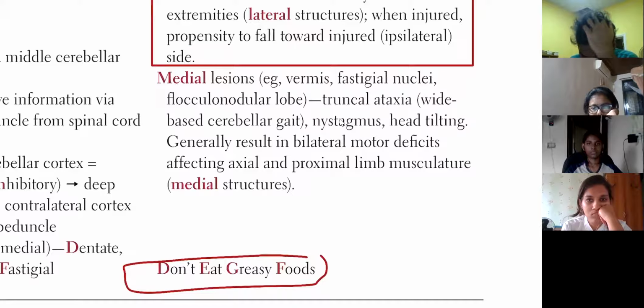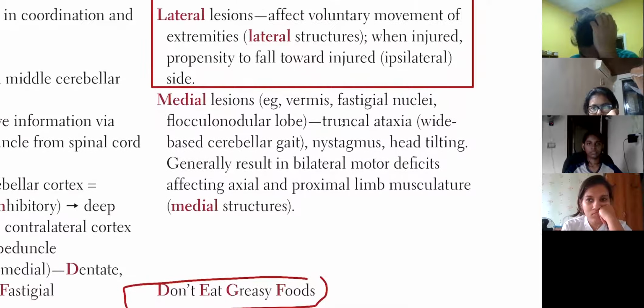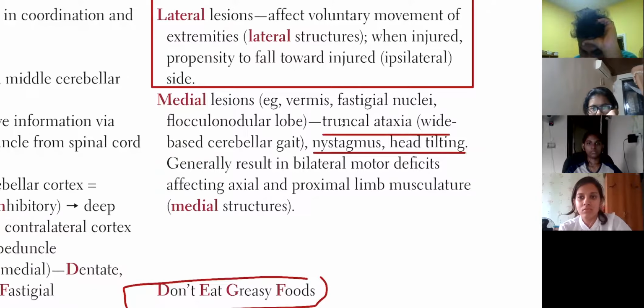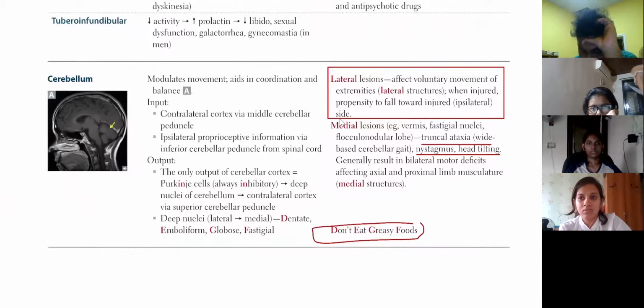The medial lesions will cause truncal ataxia, that is in the region from neck to the hips. And nystagmus, head tilting. Remember, neck, head tilting. Nystagmus, dancing eyes.